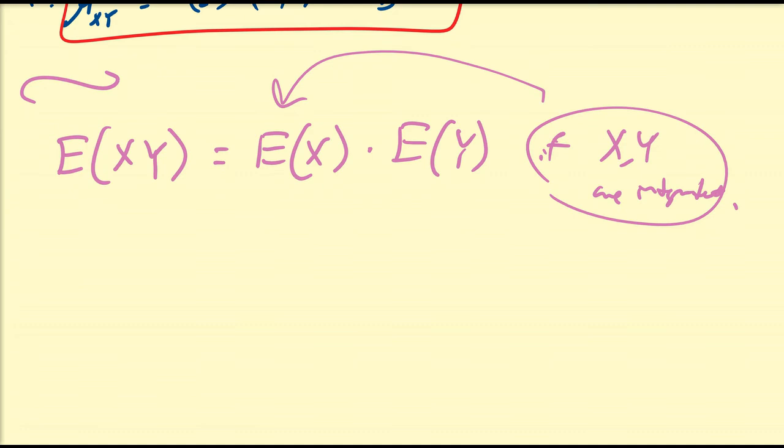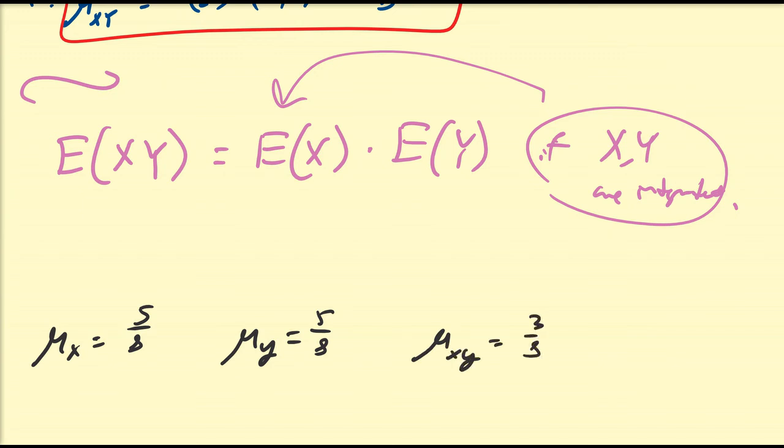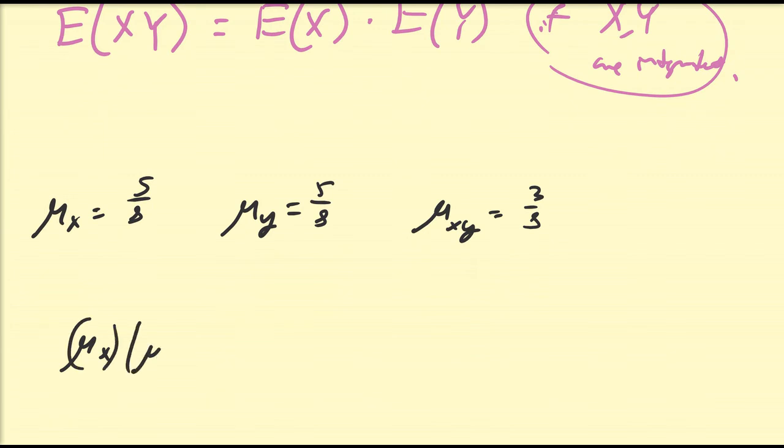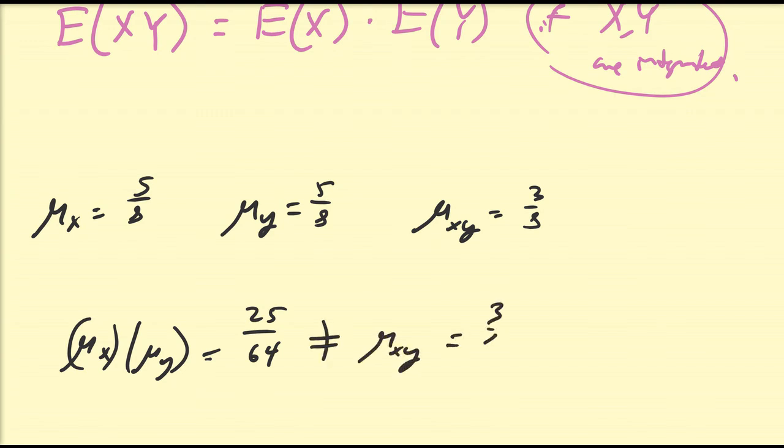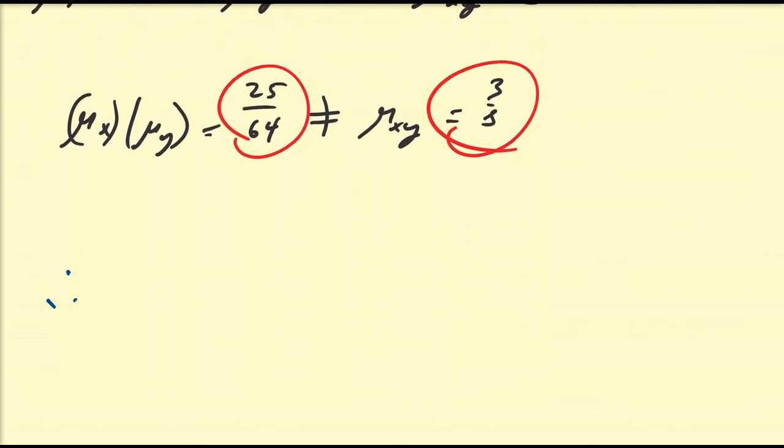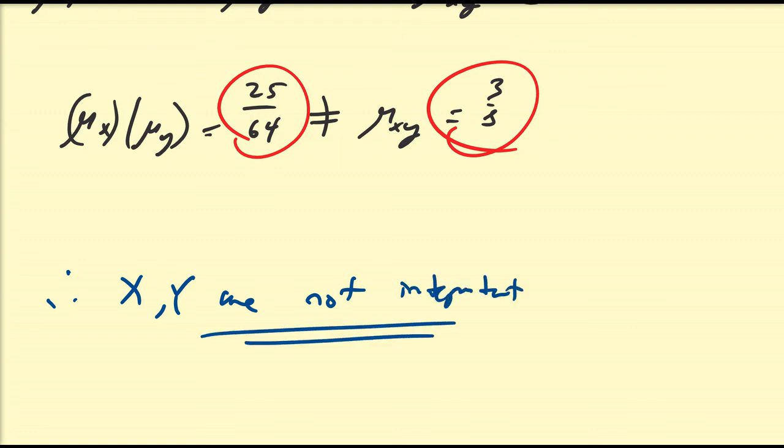But nonetheless, mu x is going to be equal to 5/8, as we have already calculated. Mu y is going to be equal to 5/8, which we calculated. And mu xy is going to be equal to 3/8. One can see that mu x times mu y, which is going to be equal to 25/64, is not equal to mu xy, in this case 3/8. So these are not equal, therefore we've actually proven that x and y are not independent. Because if they were independent, then this would be true.